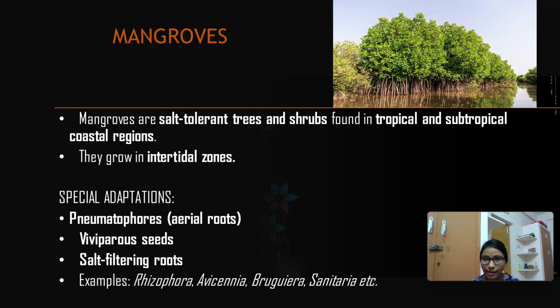In favorable conditions they germinate into new baby plants. These roots also have a special adaptation, salt filtering ability, which filters the salt so that the fresh water goes into the plant. Examples of mangroves are Rhizophora, Avicennia, Bruguiera, Sonneratia, etc.